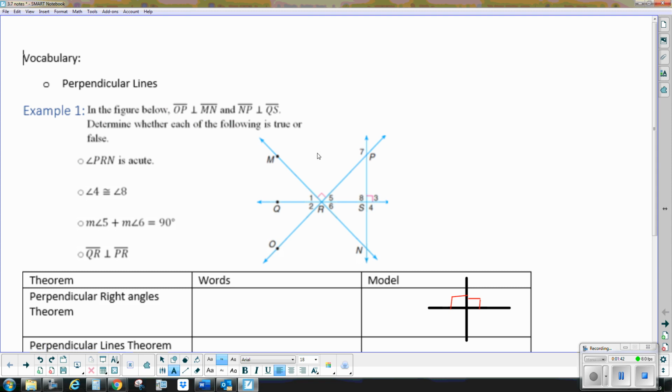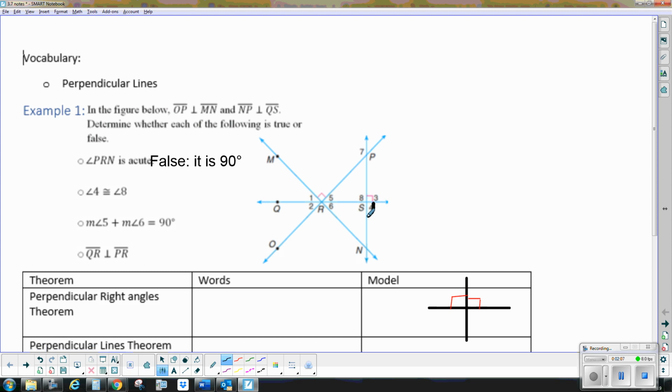So angle PRN, the statement that says that that's acute, that's false because we know that PRN is 90 degrees. So this first one is false. Let's look at the second one, talking about angle 4 and angle 8.